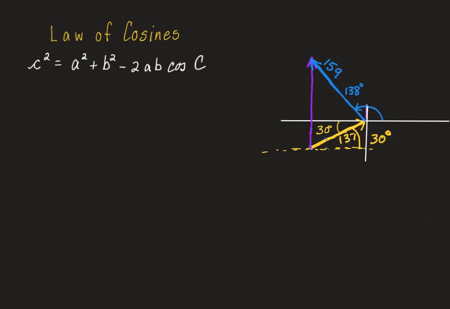And 138 degrees around to 159, if you went 42 degrees more, you would be back at the x-axis. So now we have 30 degrees plus 42 degrees, so this angle becomes 72 degrees. And now we have a side, an angle, and a side.